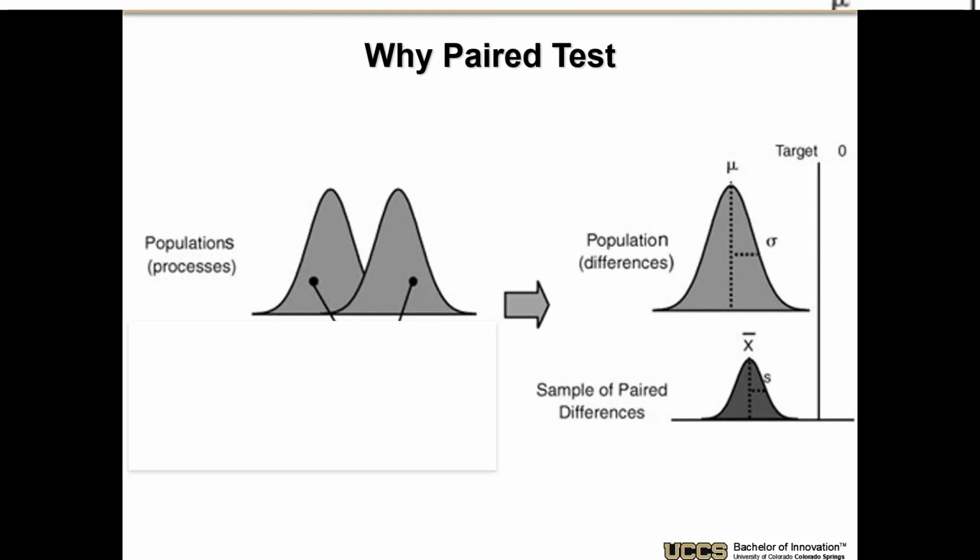However, if I do a paired t-test, and I say, here's algorithm 1 on this piece of data, here's algorithm 2 on this piece of data. Algorithm 1 on this piece of data, algorithm 2 on the same piece of data, right? So now, if I look at the samples of paired differences, where I subtract them, I get a much tighter distribution because I'm not seeing the variation caused by the normal variation of the algorithms on the amount of data they process.